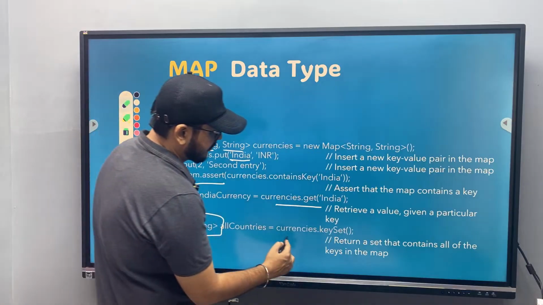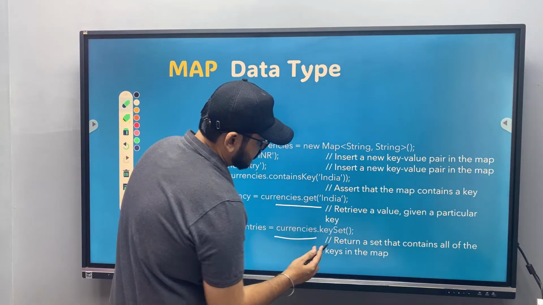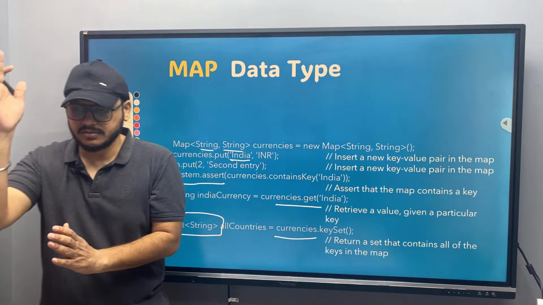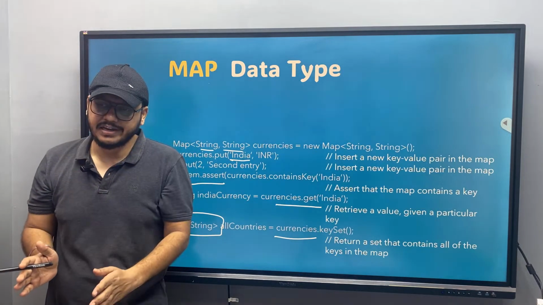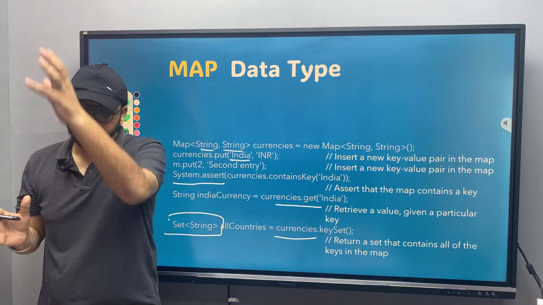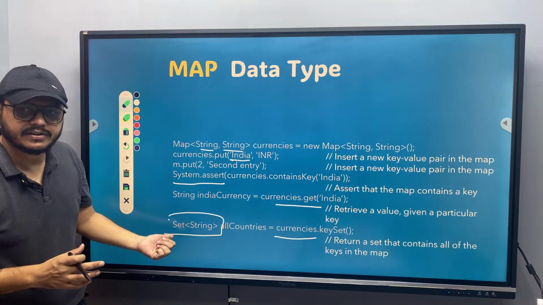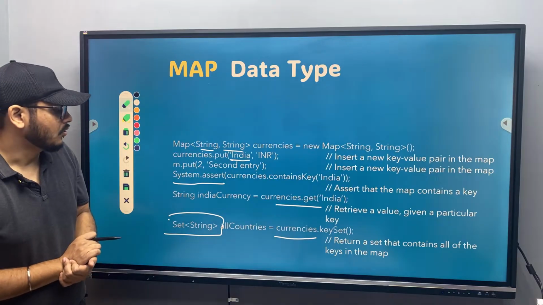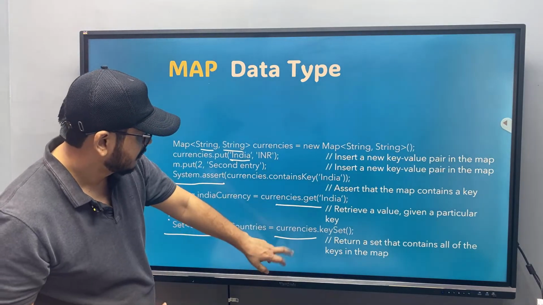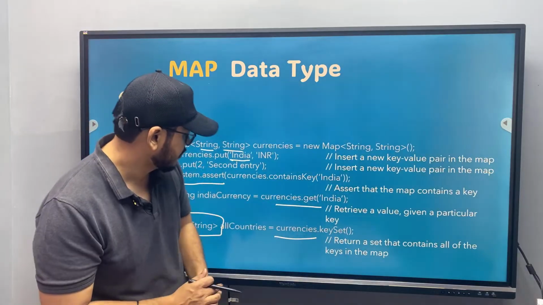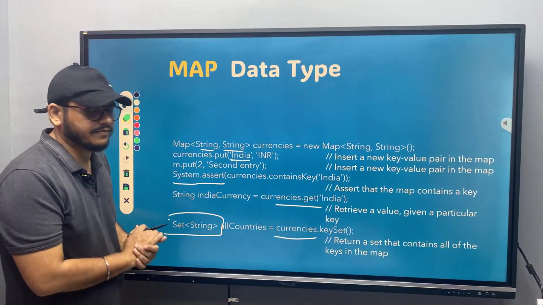There is a set of keys and a set of values. If you just want to quickly retrieve the set of keys, you can use the usual keySet function, and you can store it as a set of strings.